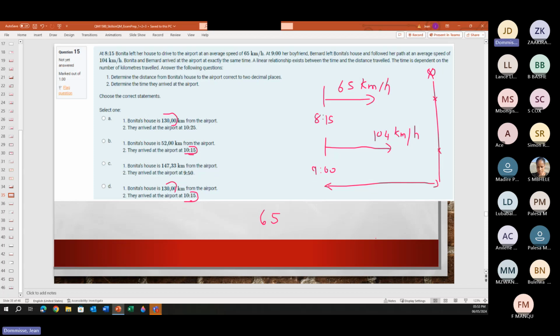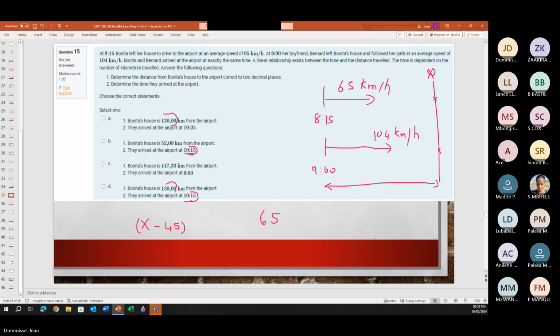So the one will be, let's quickly check on the time. I just want to get this right: x minus 45 minutes. It might be that we need to change that into 45 divided by 60, just to show the delay in the minutes. So that is the important one that we just need to clarify.